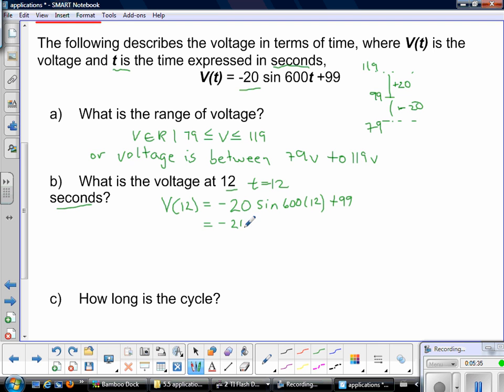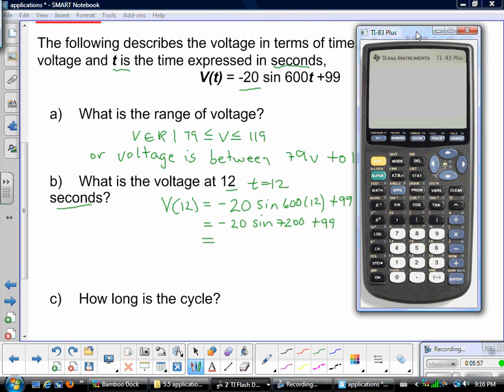Depending on your calculator, you might want to calculate this angle first. So 12 times 6, so we're looking at 7,200 plus 99. Now, obviously, I'm going to bring out a calculator. I'm going to make sure that I'm set on degrees.